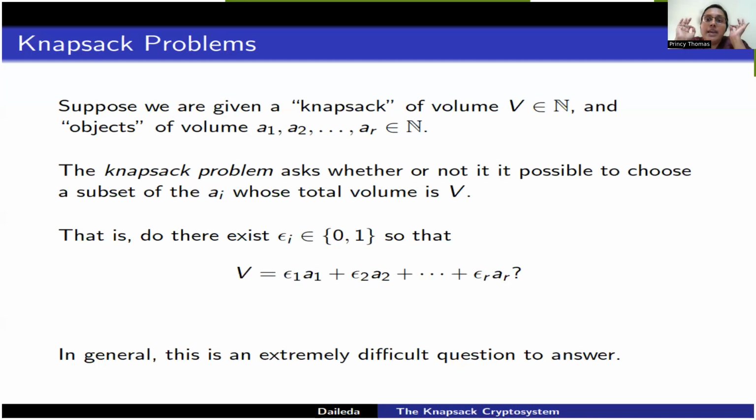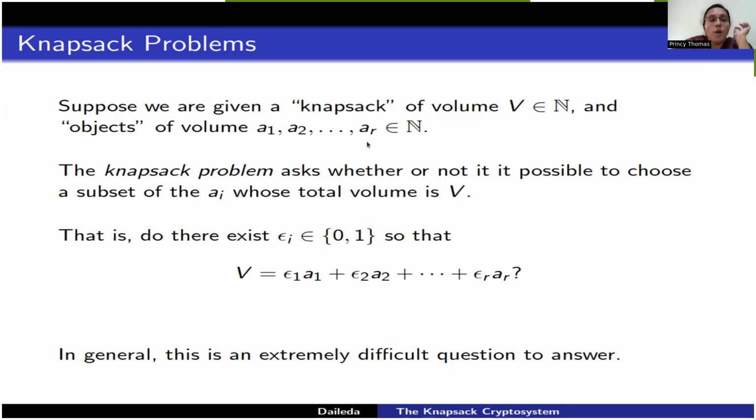The purpose is to fill this knapsack, maximum V in volume. We want to fill this knapsack with other objects which are also natural numbers, with different volumes which are less than V. So A1, A2, etc., AR are all objects which have got volume less than V.